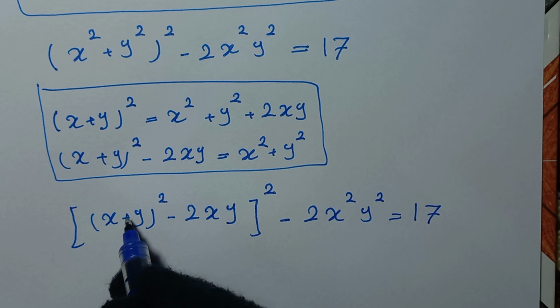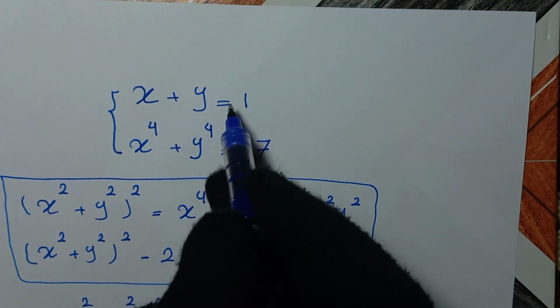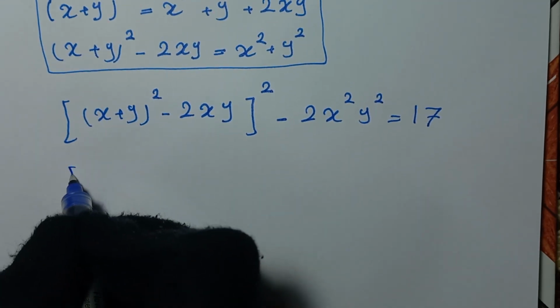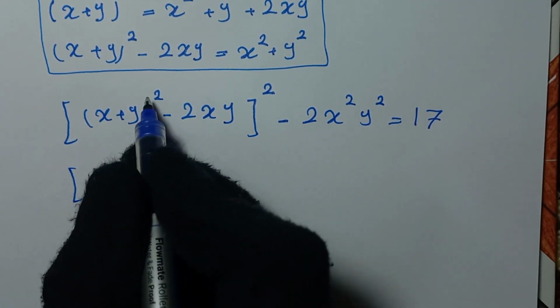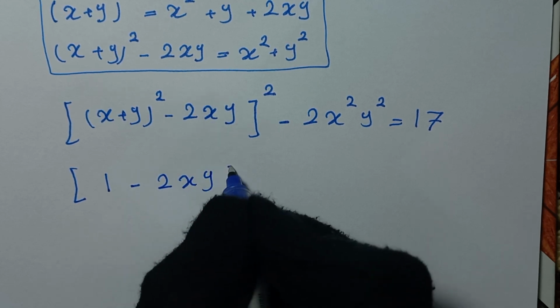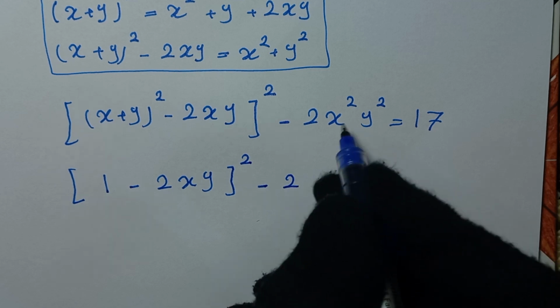And here we have x plus y, and from this equation, x plus y is equal to 1. So, we substitute in here. 1 to the power of 2 is 1. So (1 minus 2xy) to the power of 2 and minus 2x squared y squared.